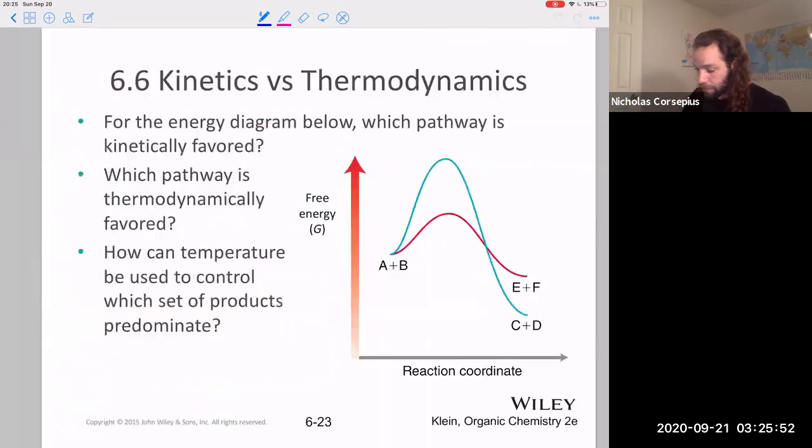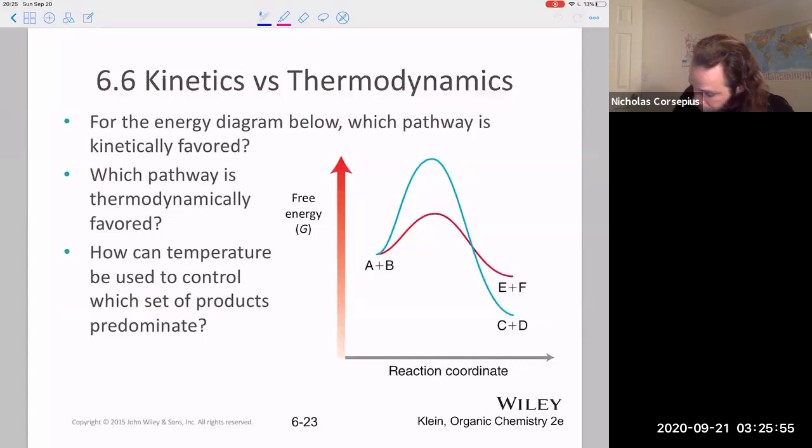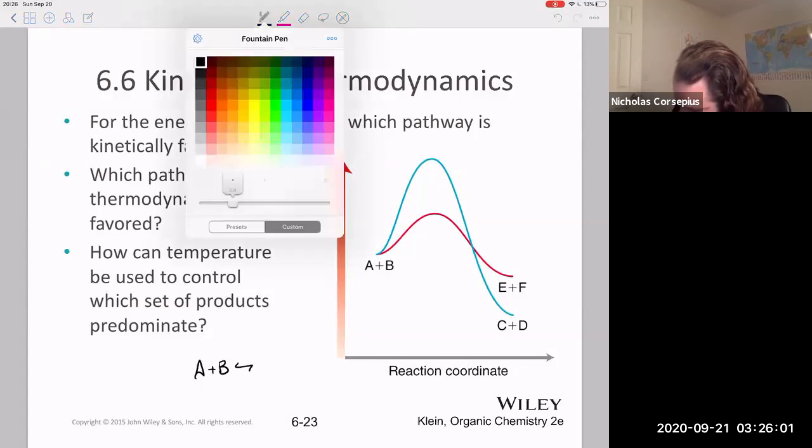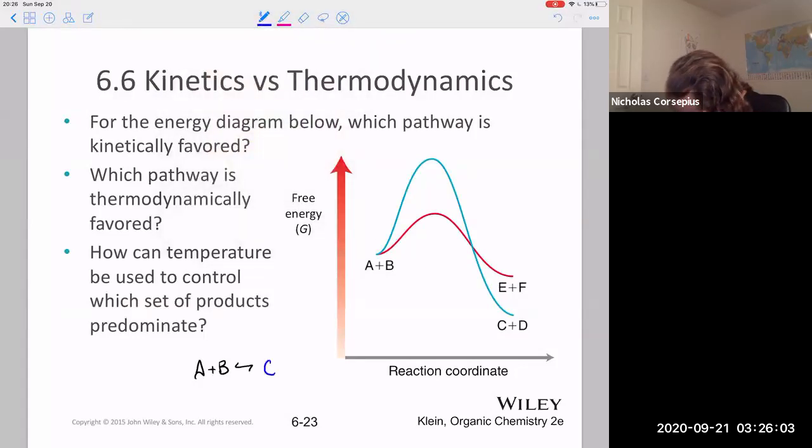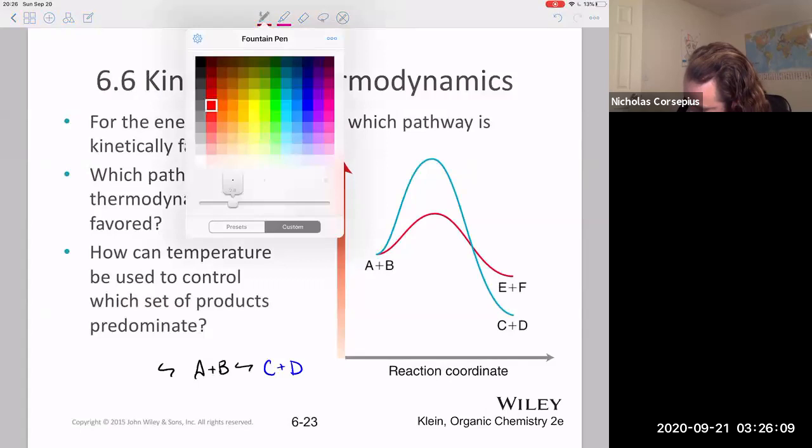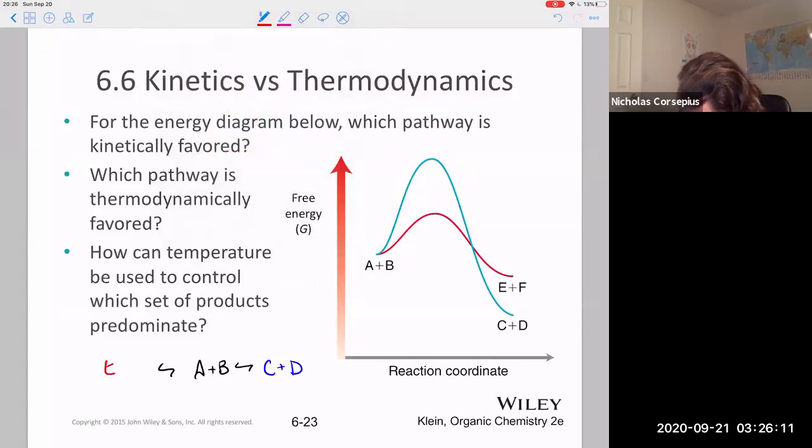Interestingly, something that occurs kind of often as well is something like this. So again, we have our same, I can color code things. That blue curve representing going to C and D. That red curve represents a different path where we go to E and F, okay? Now we have two different kind of factors at play here.